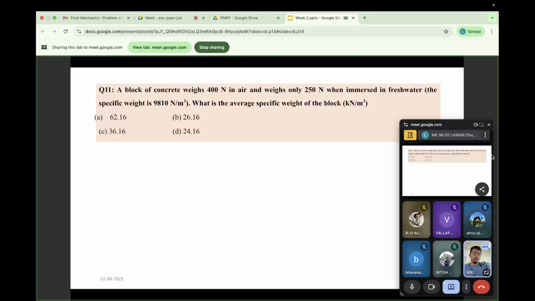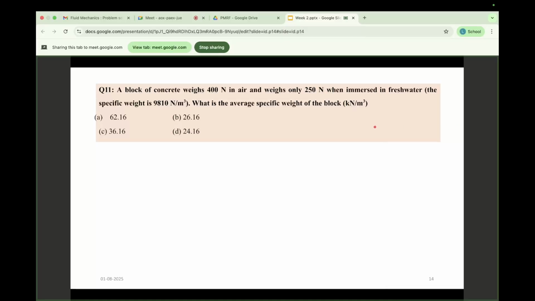Okay, I am answering this for you. Basically, see, this block of concrete weighs 400 in air, and weighs less when it is submerged in water. This is from the Archimedes principle. First let me calculate the weight of this concrete. Sorry, it is already given. The initial weight is 400 Newton.